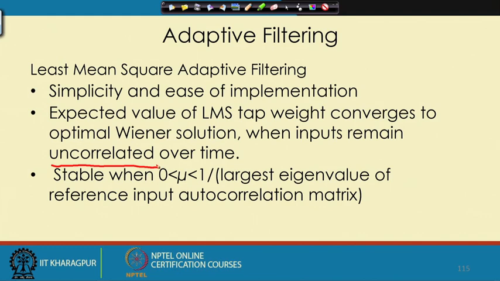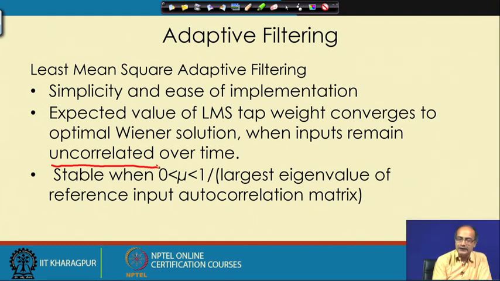The only condition that needs to be maintained is that the inputs, that is the desired signal and the additive interfering signal, should remain uncorrelated with each other over time. So, this is the only condition on the signals. It does not demand that they be stationary or any other condition.